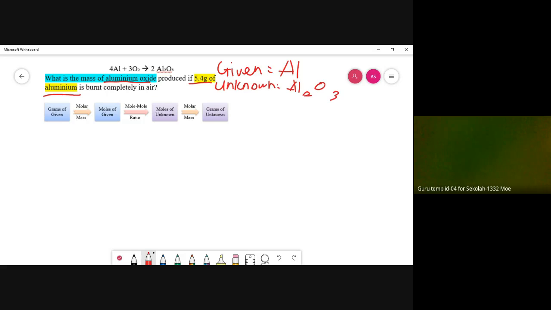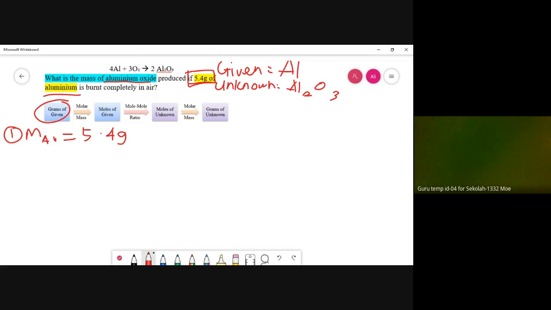Okay. So, step 1: grams of given. Given kita adalah Al. So, the mass for Al is 5.4 gram. Mana dapat? Ni.